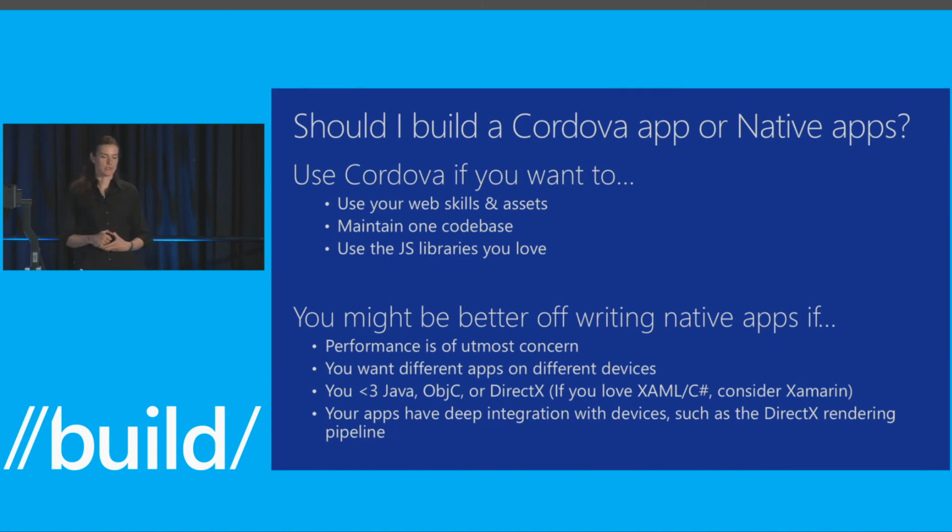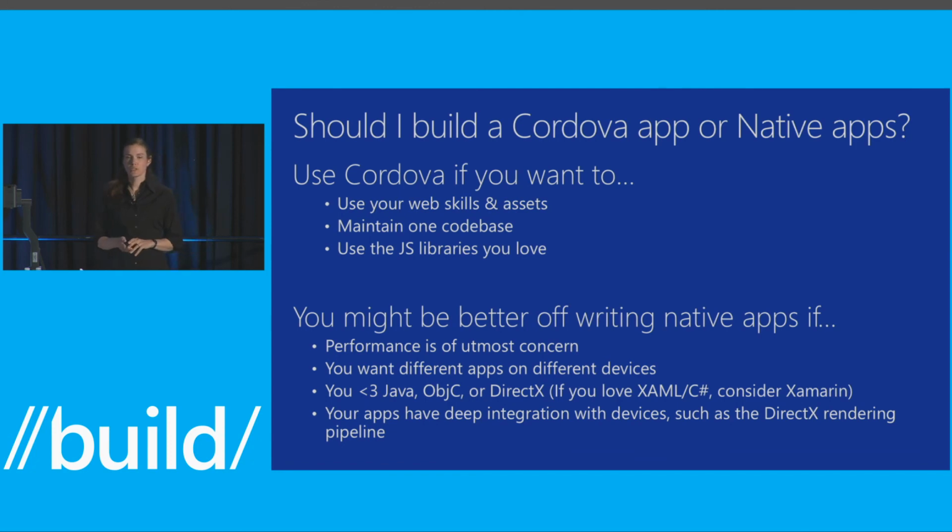If you super duper love Java and Objective-C and DirectX, then you probably want to write in those. So go ahead and write native apps. And if you find yourself saying, well, actually what I love is XAML and C#, I would encourage you to take a look at Xamarin, because Xamarin allows you to do cross-platform apps using C# and XAML with a lot of the benefits of Cordova with a different programming language.